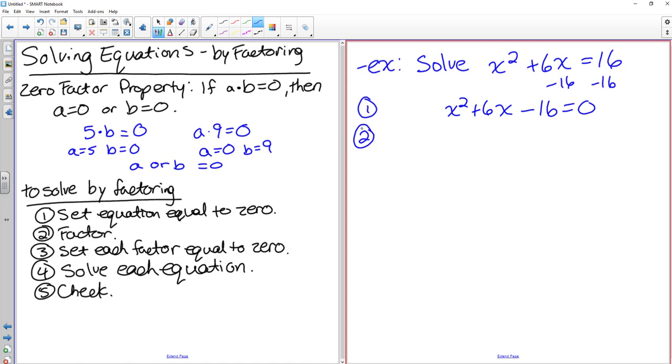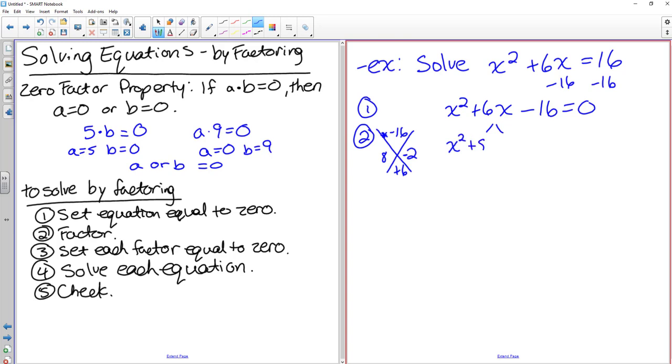Now we'll factor, because we want to break it into things multiplied. So I'm looking for what multiplies to negative 16 and adds up to 6. I'm thinking a positive 8 and a negative 2 multiplies to negative 16 and adds up to 6. So I'll do this with the grouping method.